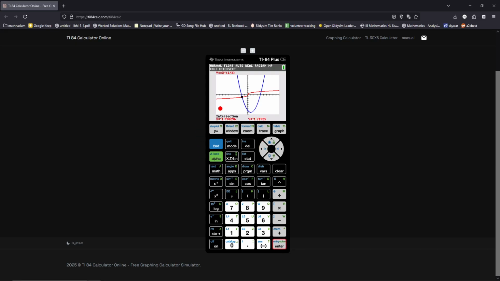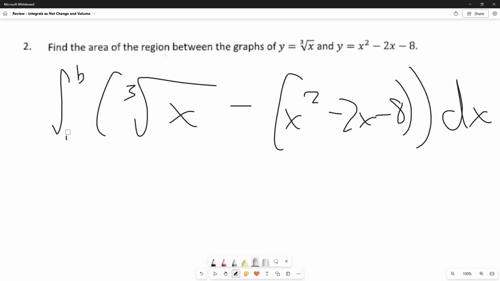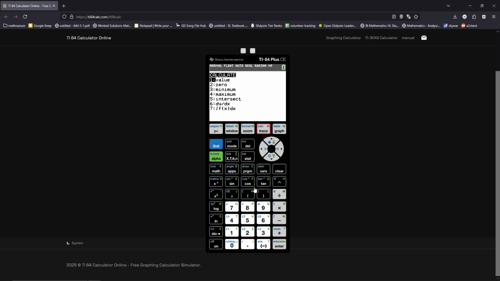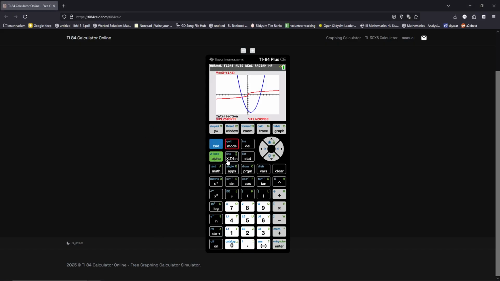The first one is negative 1.79, and we're going to have to round it so it's not exact, but from negative 1.79 to the other intersect, this one is 4.26. So our b is going to be 4.26.